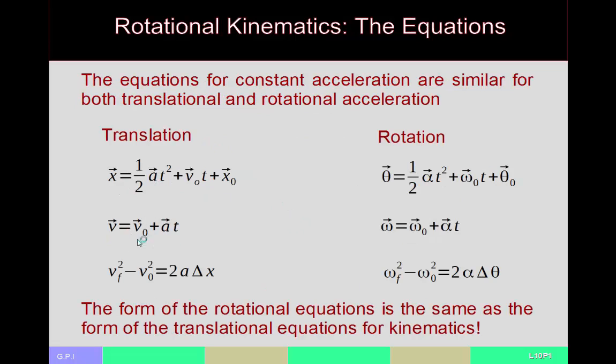Similarly, here are the equations that we saw for the kinematics under constant translational acceleration and under constant rotational acceleration. And it's worth noting here as well that to convert from translation to rotation, you can multiply by the radius of whatever it is that is rotating.